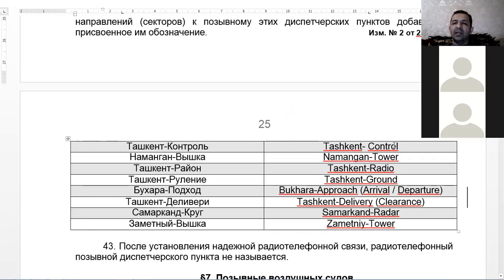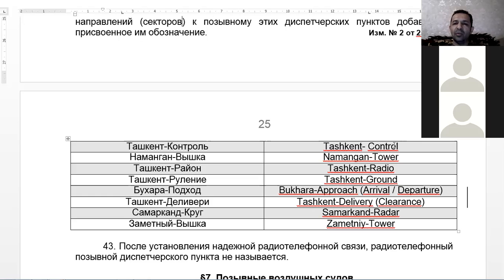Zametny is a name of a location, a name to make a difference between towers. For example, tower in Tashkent is also tower, in Bukhara also tower. To distinguish them, they put some name: Zametny, Kalakolchik, maybe some Eagle, etc.